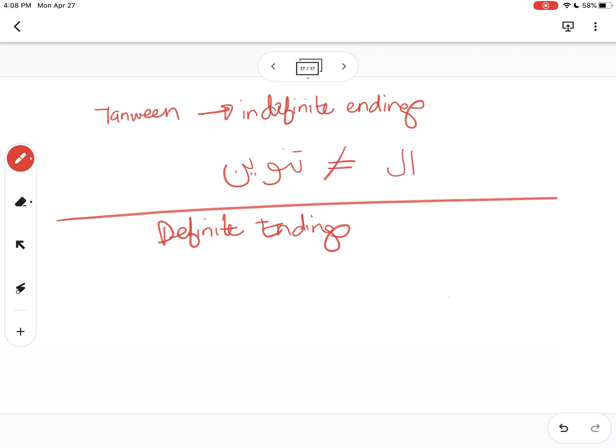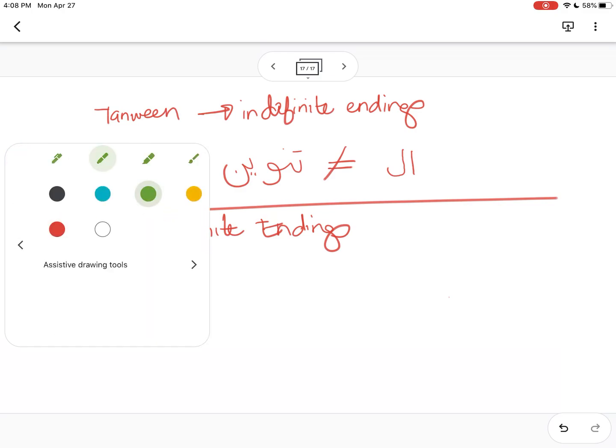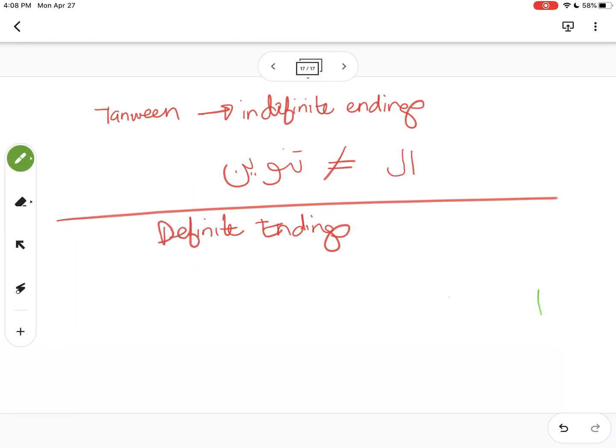And definite endings are very simple. Simply put, it's when you have a haraka on the last letter of a word. You're just going to pronounce that last letter with that haraka. Okay? So for instance, if you read a sentence like this.